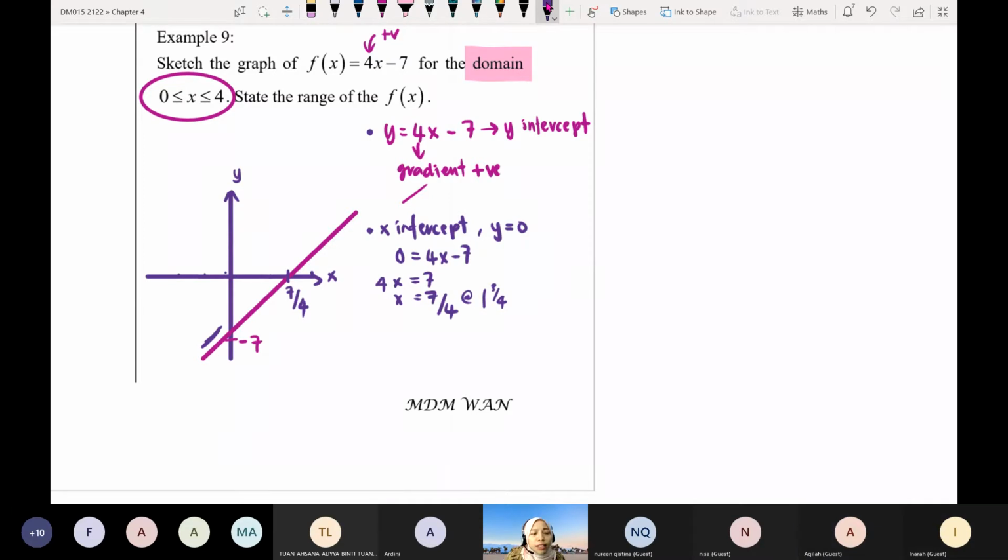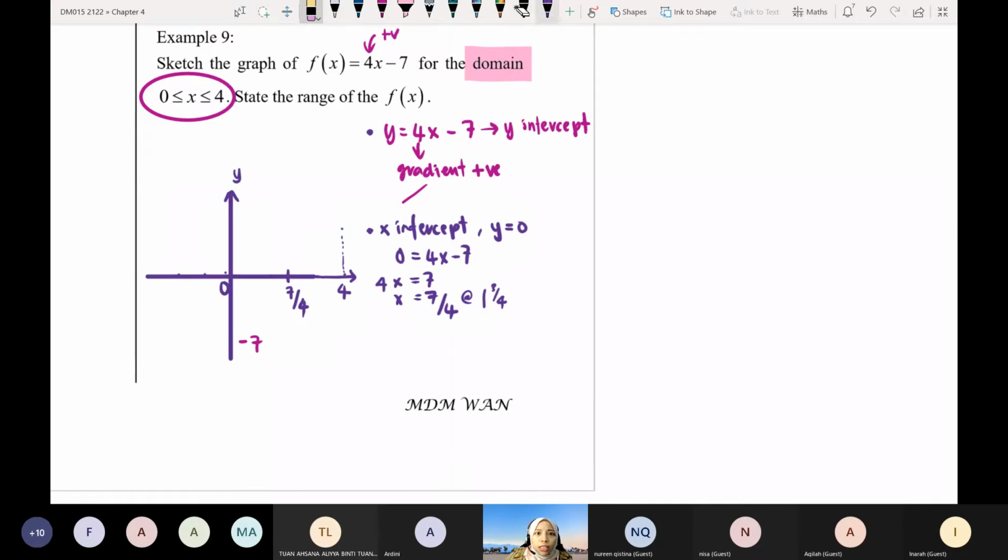Okay, but we want until 4. So it is still far. So 4 is somewhere here. So I extend my x-axis a bit longer. Okay. So here I have to write 4. This is 0, as requested. Okay, this part I have to erase.